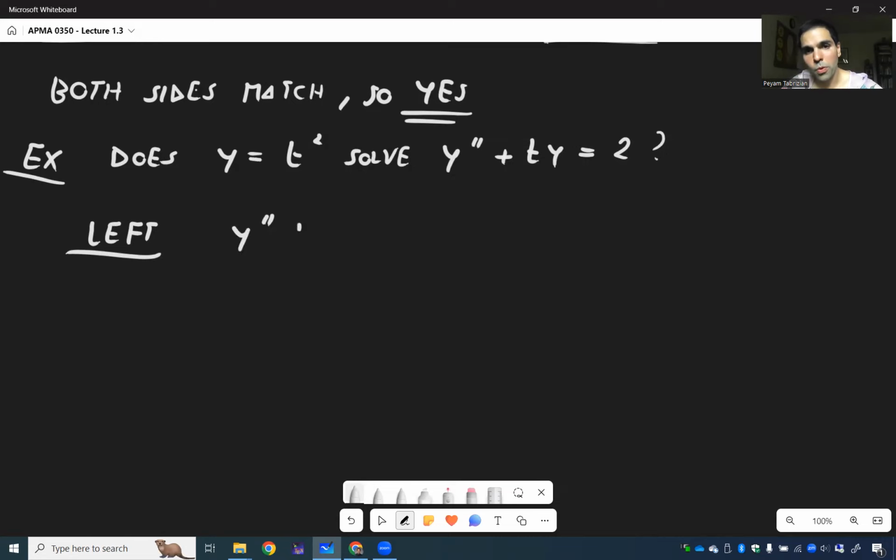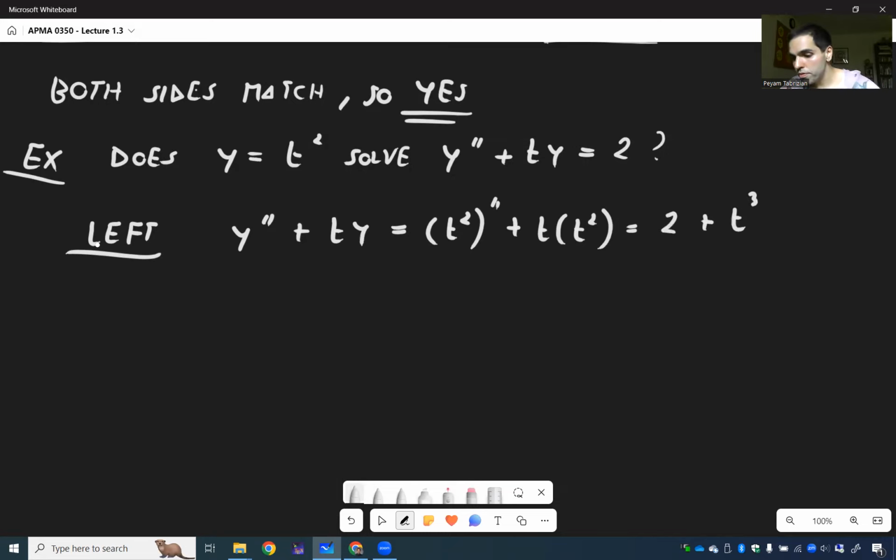So y double prime plus ty, that becomes (t squared) double prime plus t times t squared. Derivative of t squared is 2t. If you differentiate it again, you get 2. And that's 2 plus t cubed.